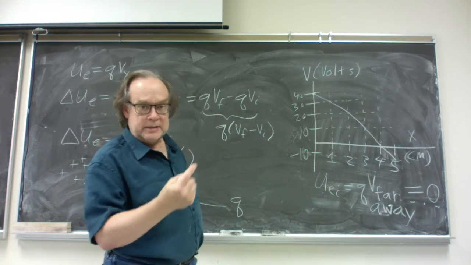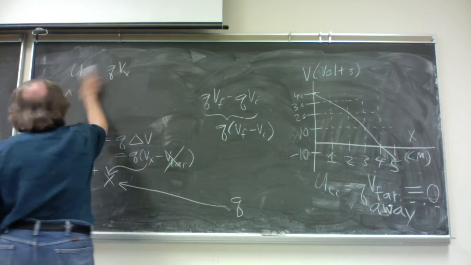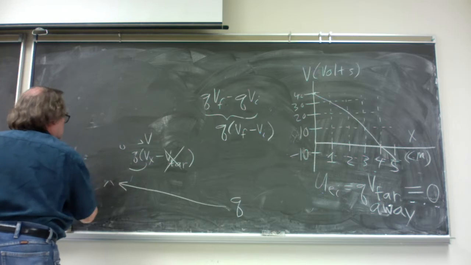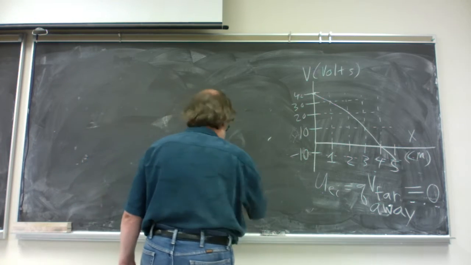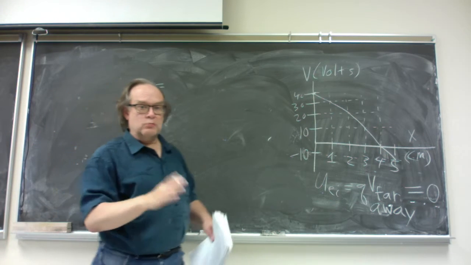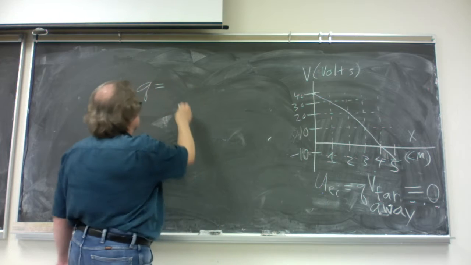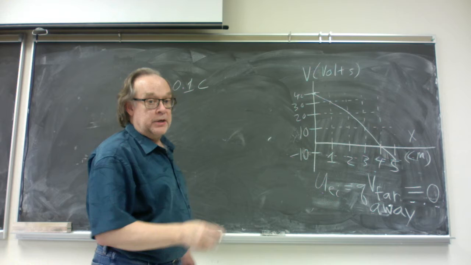Okay, and let's say, in this case, the charge that's free to move around along that line is a charge of 0.1 coulombs. Just keep the numbers simple here.